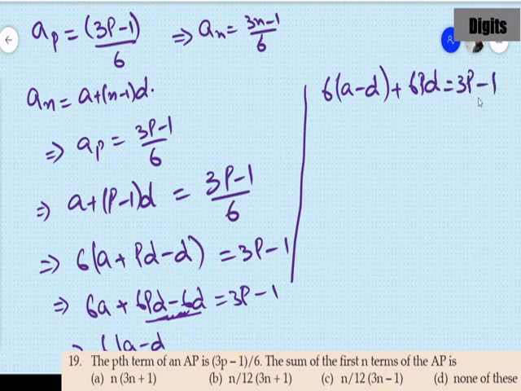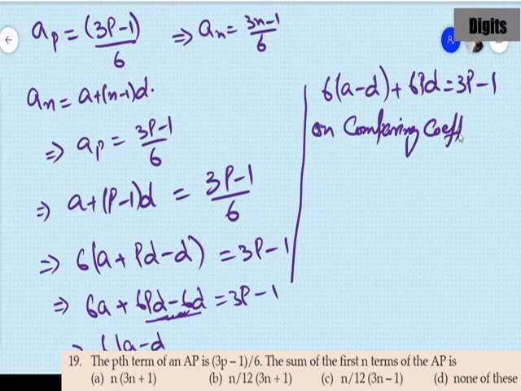From here we can observe, on comparing the coefficients of p, we can say that on the right hand side and left hand side we have two terms, and both are same.